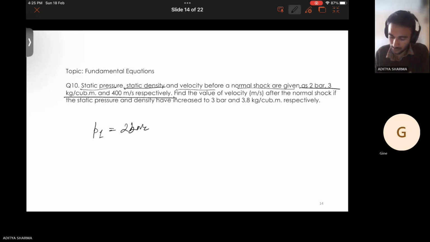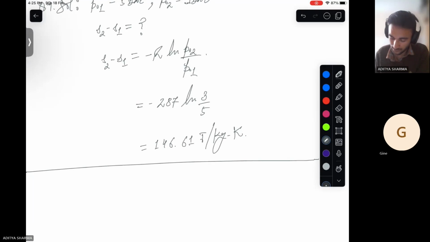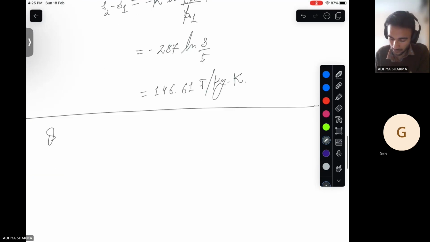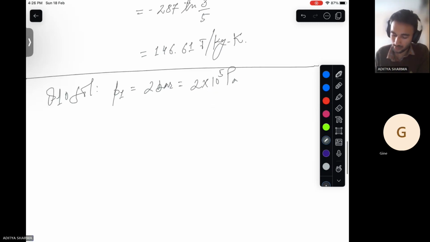Let's write it here. P1 is given as 2 bar, which is nothing but this.